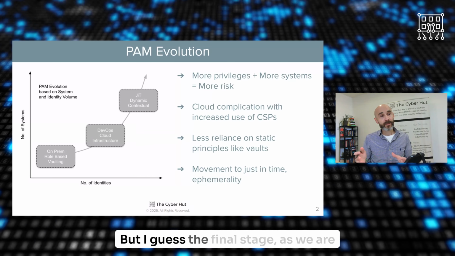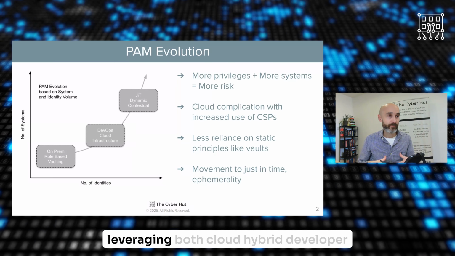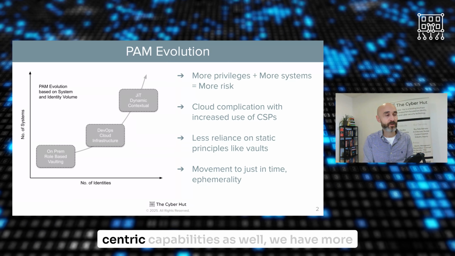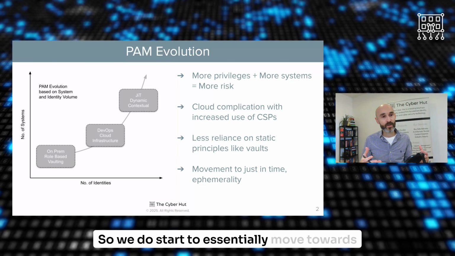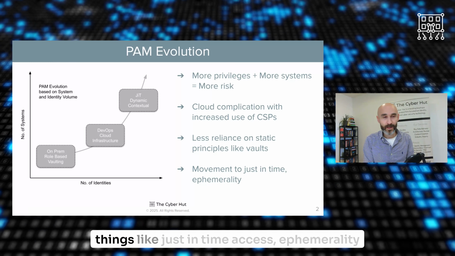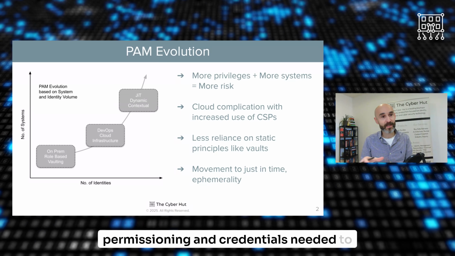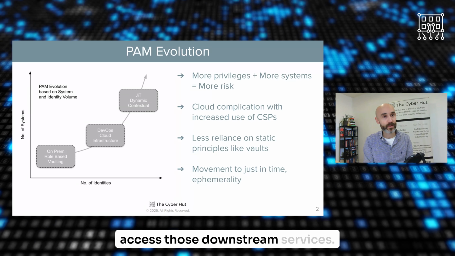But I guess the final stage, as we are leveraging cloud, hybrid, and developer-centric capabilities as well, is that we have more identities to manage and more systems to manage. So we do start to move towards things like just-in-time access, ephemerality of both permissioning and credentials needed to access those downstream services.